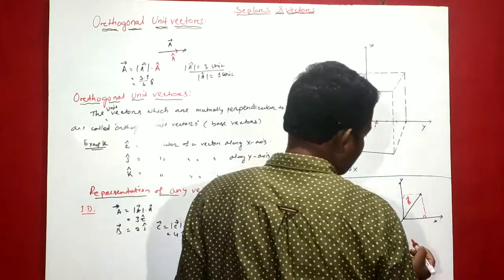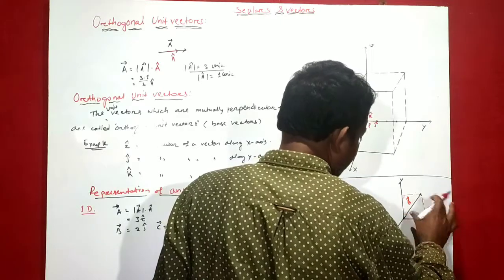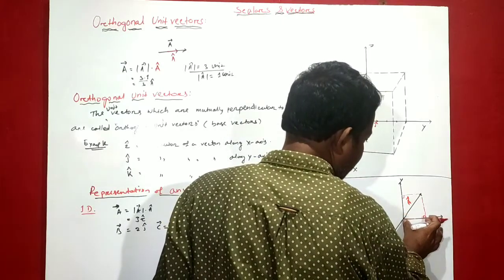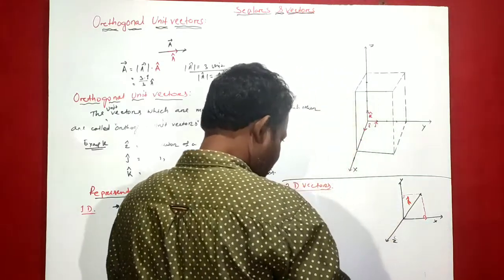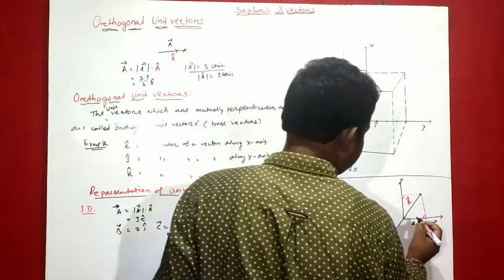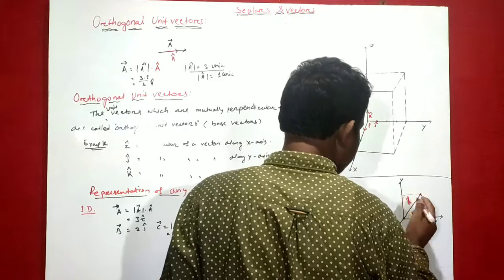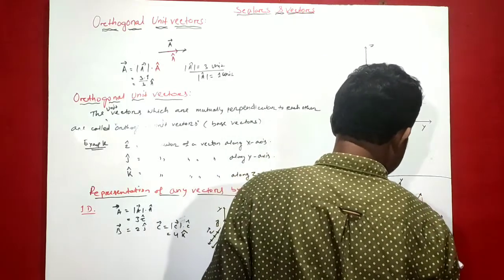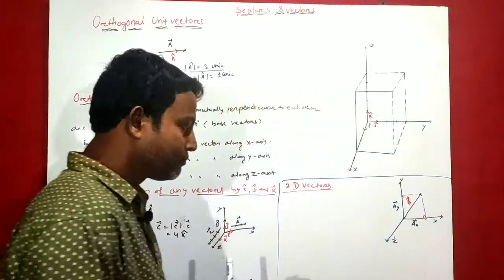Now, the component of A vector on the x-axis, let's say Ax vector, and the component of A along the y-axis is Ay vector.